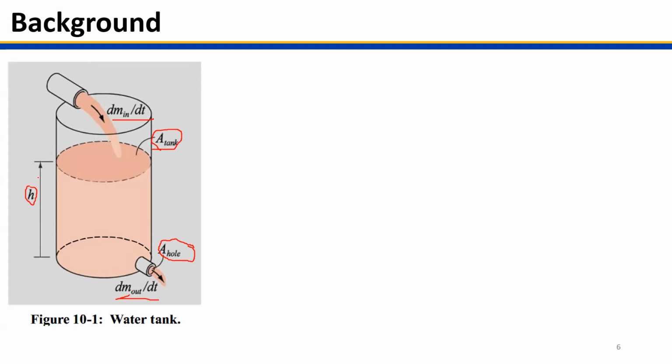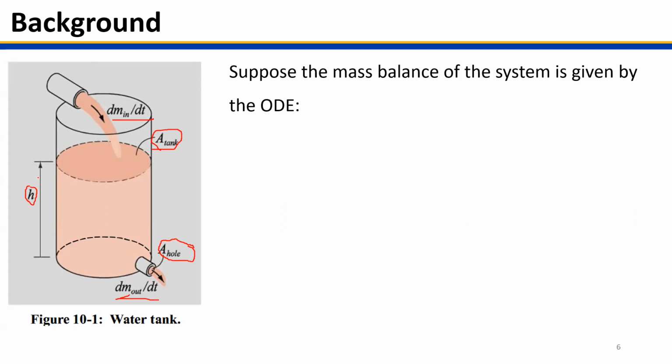So how do we write the mass balance? Give me it in the form of an equation, please. So what am I going to write? I think you're thinking of the production term.